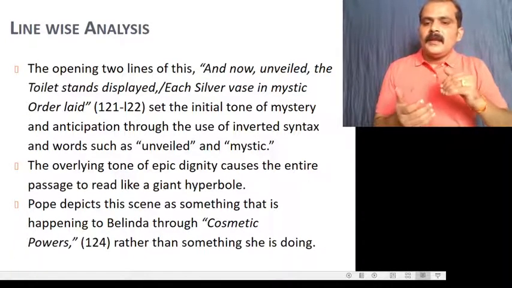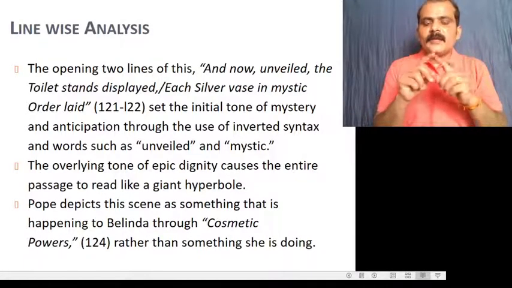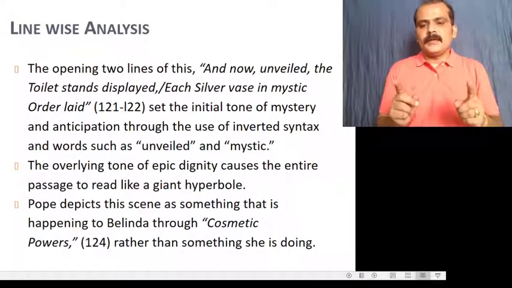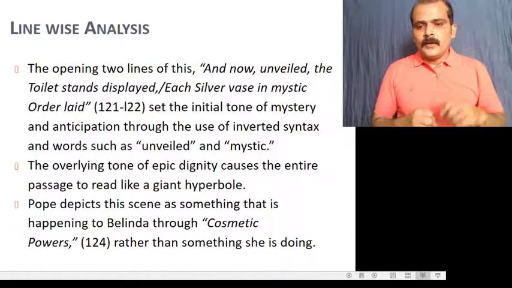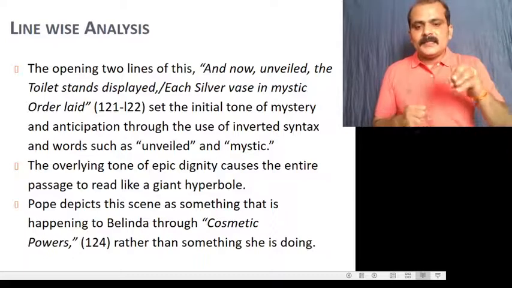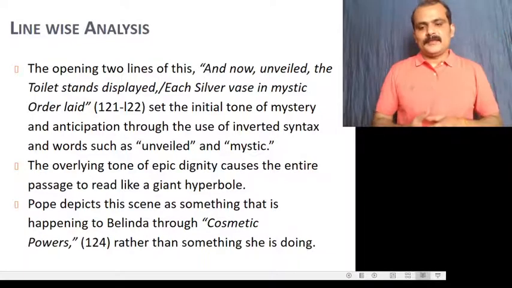The overlaying tone of epic dignity causes the entire passage to read like gained hyperbole. Look at how Pope depicts this scene as something happening to Belinda through cosmetic powers. Look at that, using cosmetic powers.